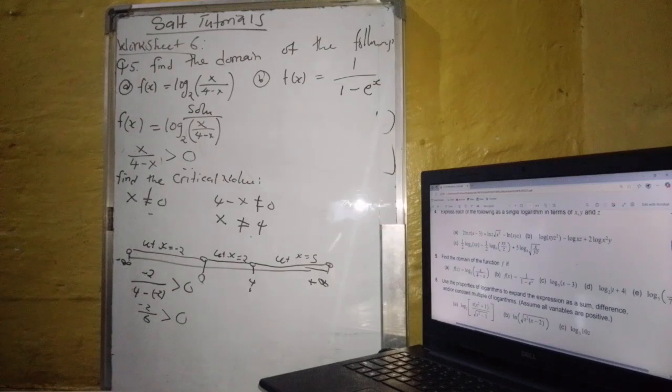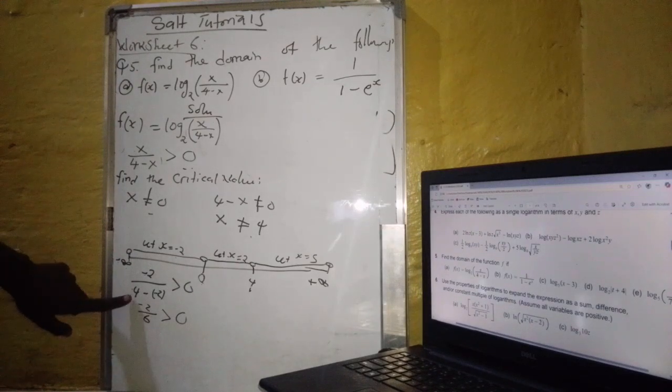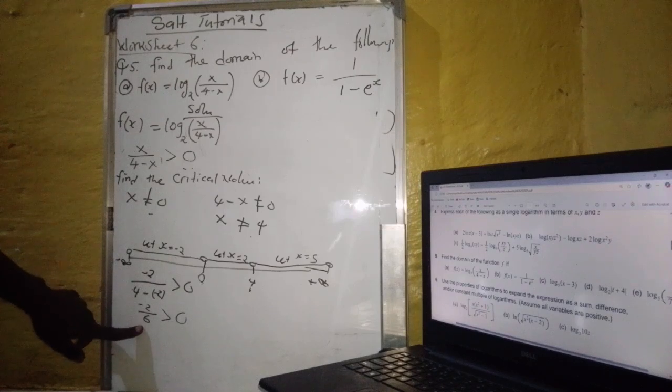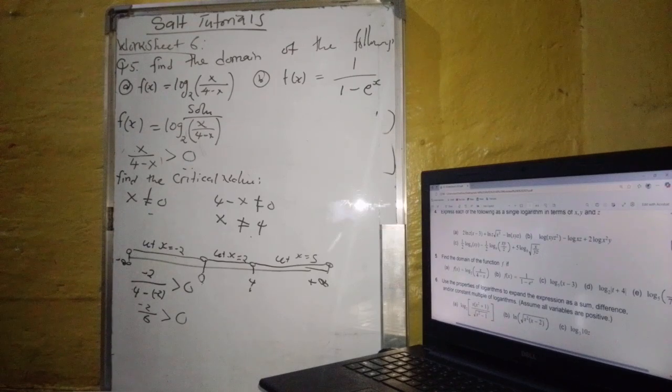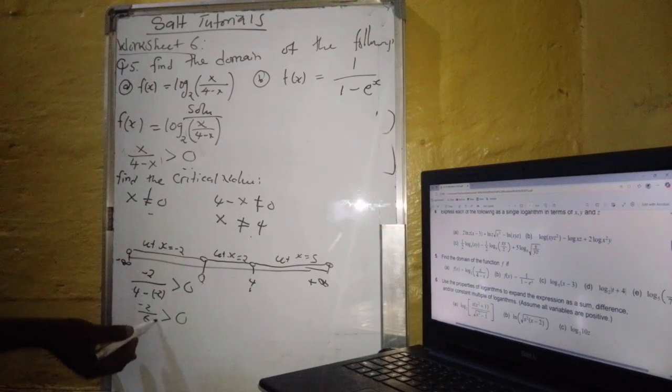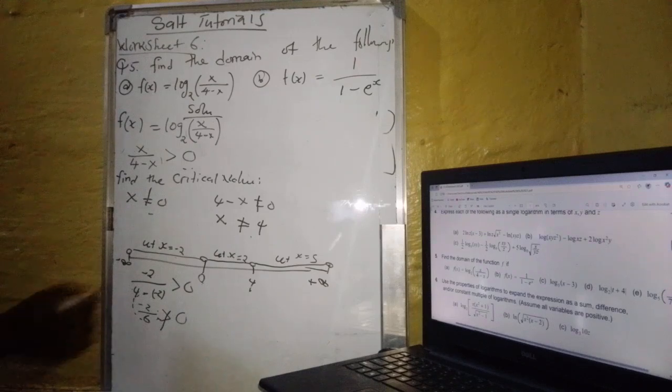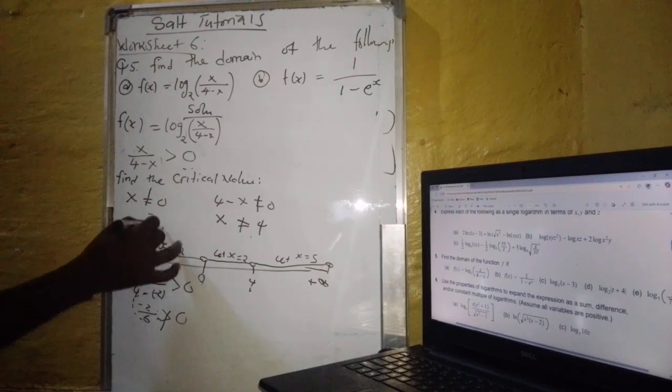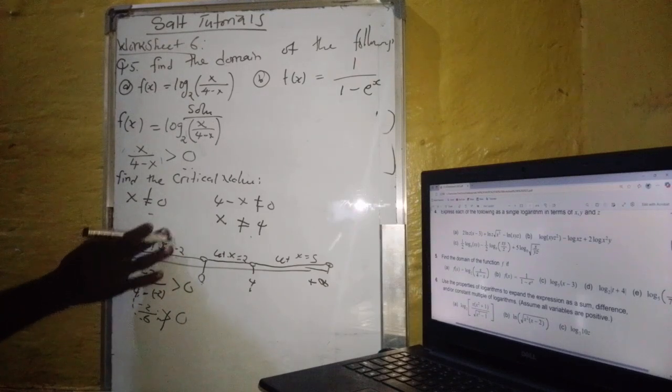Ask yourself that question. This is a negative number, less than 0. So it is not greater than 0. It means that this interval is a wrong interval to find my solution.